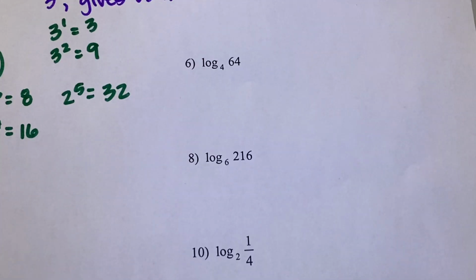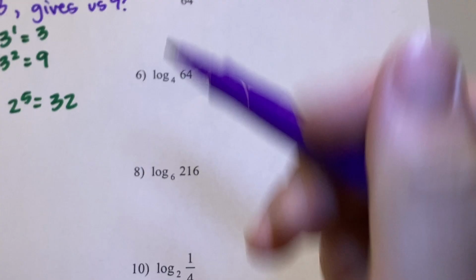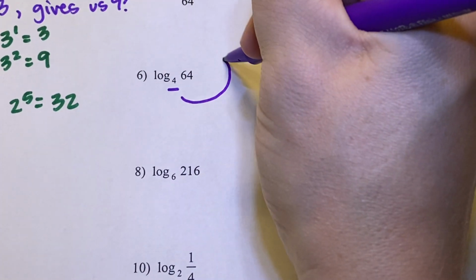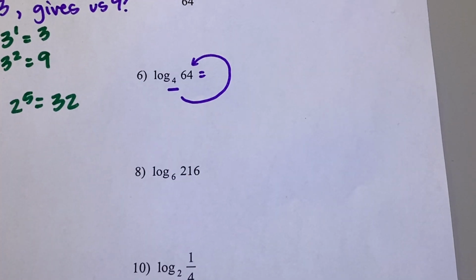Okay, so let's try that again. Number 6. 4 to the what power will give me 64? Do some guess and check. What do you think? Isaac, what'd you get? Cubed. So Isaac says cubed.